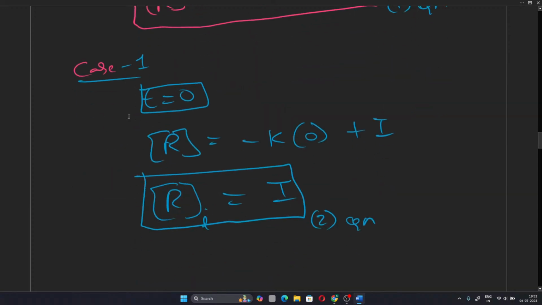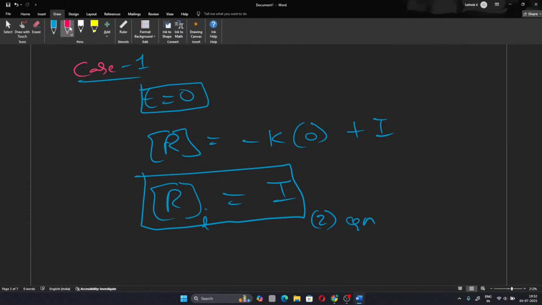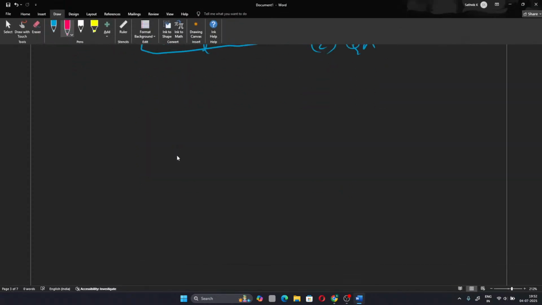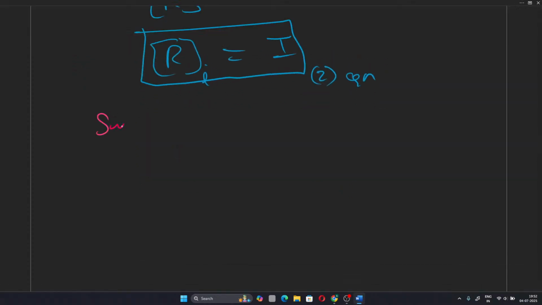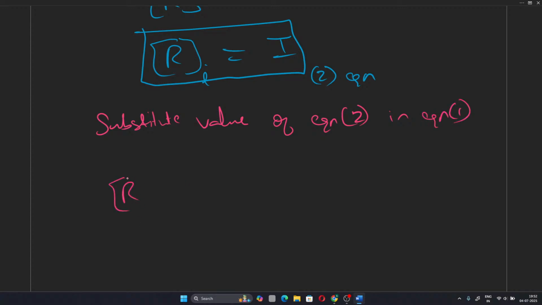Now substitute the value of equation 2 in equation 1. Equation 1 was the integrated concentration, R equals minus kt plus C, where t is time.